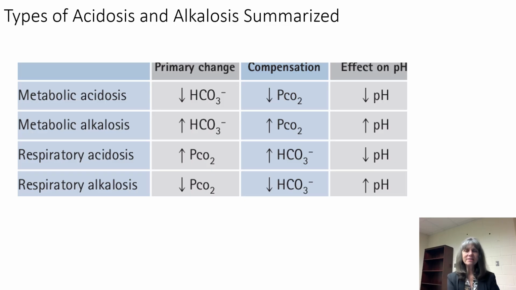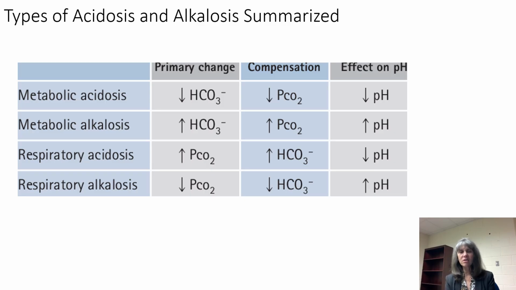How is that compensated for? Well, we're going to get more bicarbonate from the kidneys. So remember, there were three things with kidneys. There was reabsorption of bicarbonate, production of bicarbonate, and excretion of free hydrogen ions.